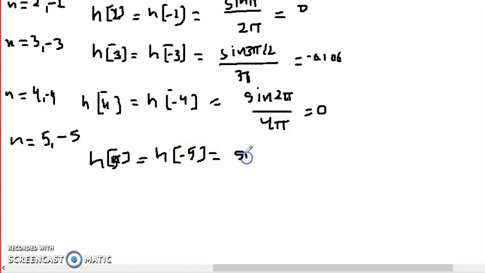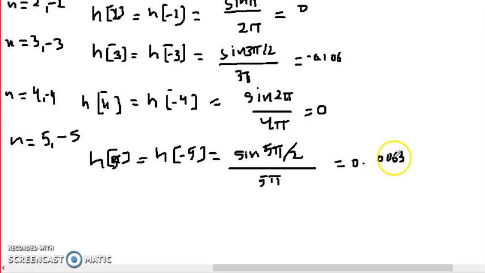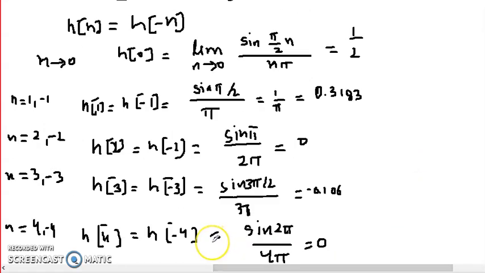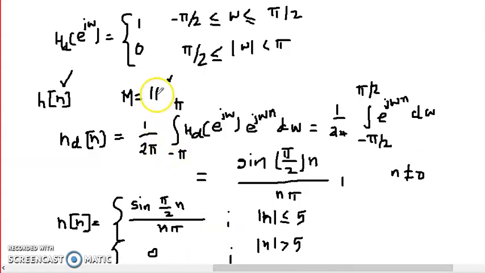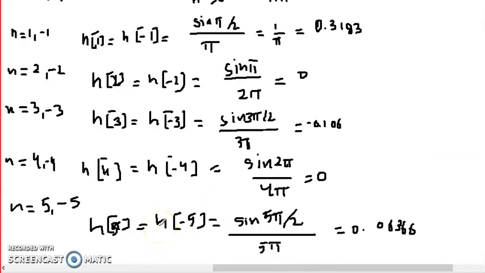Its value will be sine 5pi by 2 divided by 5pi, and its value is 0.06366. This will be the value. So total number of terms are 11. Total number of terms we have determined to be 11.